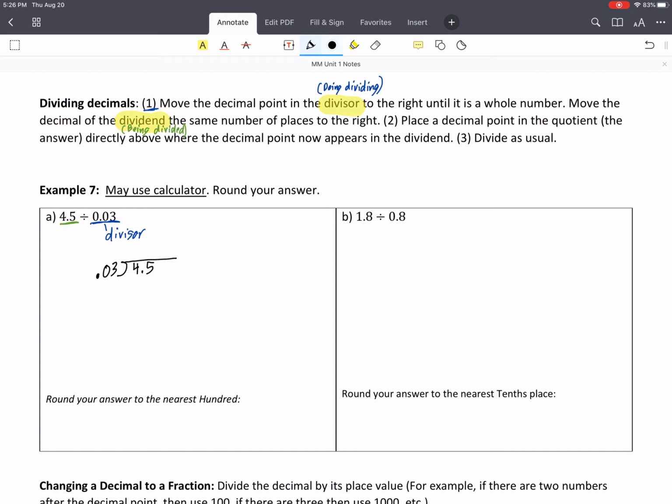So first it says move the decimal point in the divisor, or whatever's doing the dividing, to the right until it's a whole number. So we move this decimal over 2 places. 1, 2. So that way we can get it to be a whole number. Okay, so basically now we can undo that.